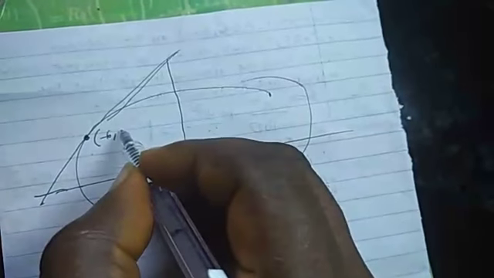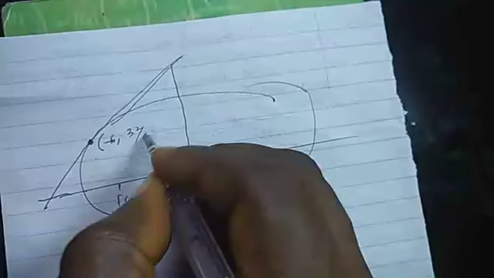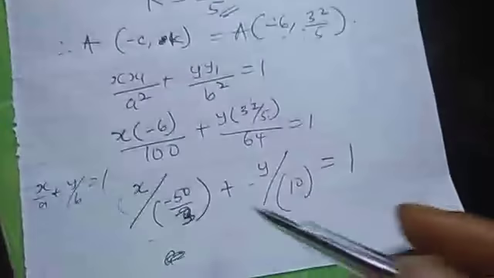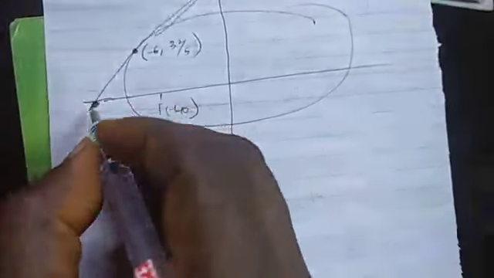This is minus 6, k. So we got k to be 32 over 5. This is our x, this is our y. So this place should be minus 50 over 3. This place should be 10.